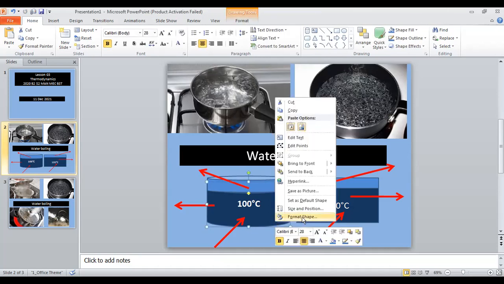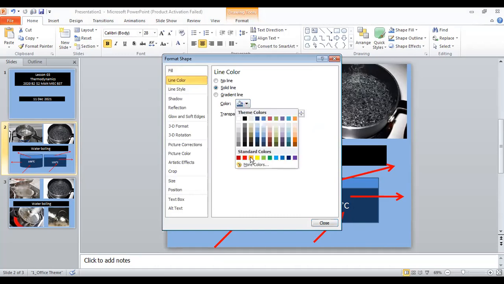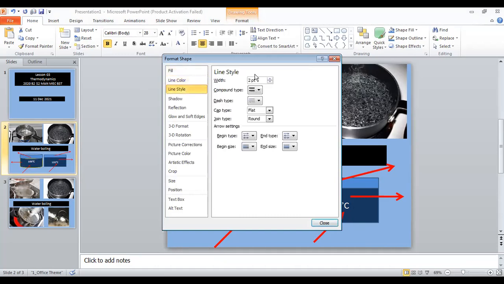Space boundary. I'm going to do the space boundary now. Let me try a different color.